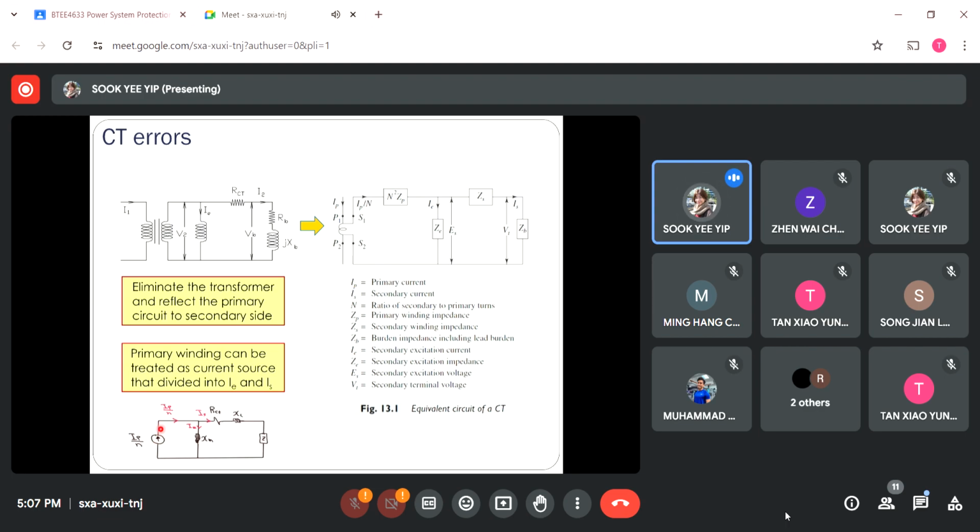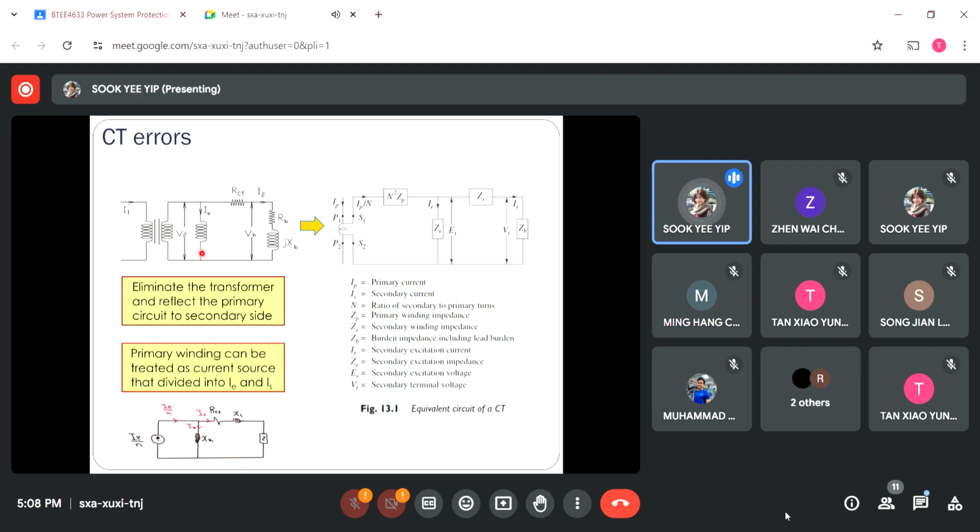The current feeding in here splits into two: the secondary current flow as well as the magnetizing current. So in such a case, it's much easier for us to do the analysis for a circuit that contains a transformer. I'm not sure whether you have learned about this, the relocation of the loads from primary side to secondary side. Or you can do it reversely, from secondary side to primary side, to remove the transformer.